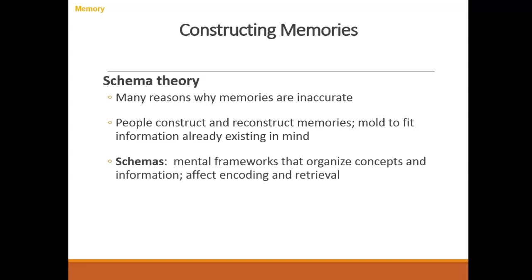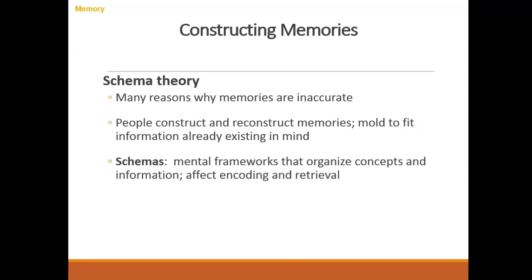Schemas are mental frameworks that organize concepts and information, and they affect our ability to encode information and retrieve it. It can make it easier for us to encode and retrieve information because if we already understand the process of, say, going to a restaurant: you go in and someone seats you and they bring you a menu and you order off the menu, and someone brings you food and then you pay for the food and then you leave.